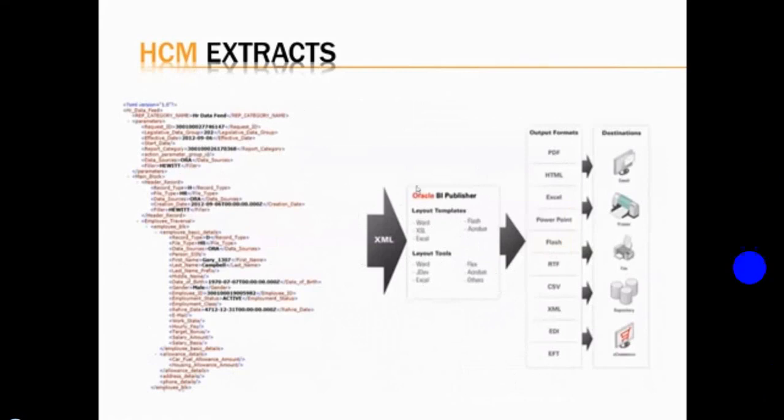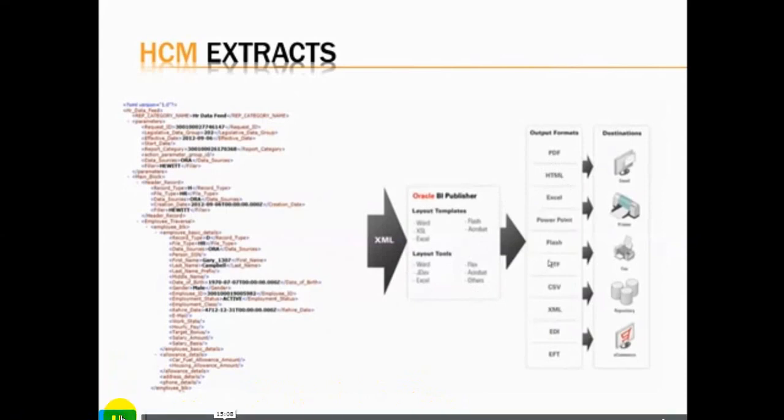Once you have the report, that report output can be PDF, HTML, XML, PowerPoint, Flash, RTF, CSV, anything, and these outputs can be delivered to any of the destinations. Typically, that's what BI Publisher will do. So we'll talk about that.